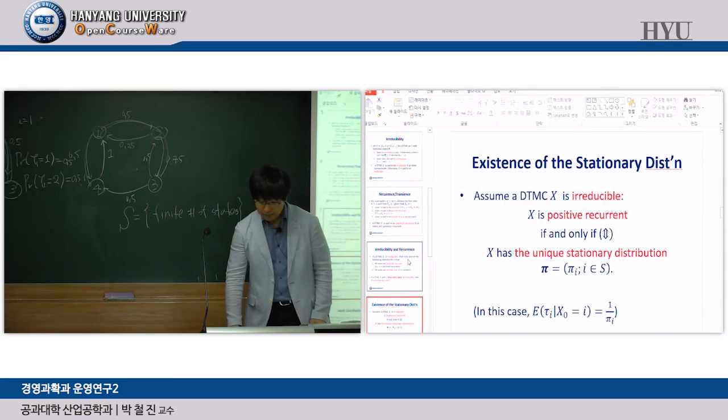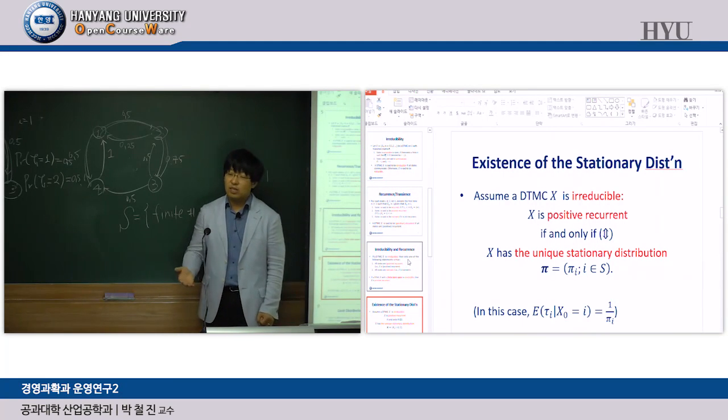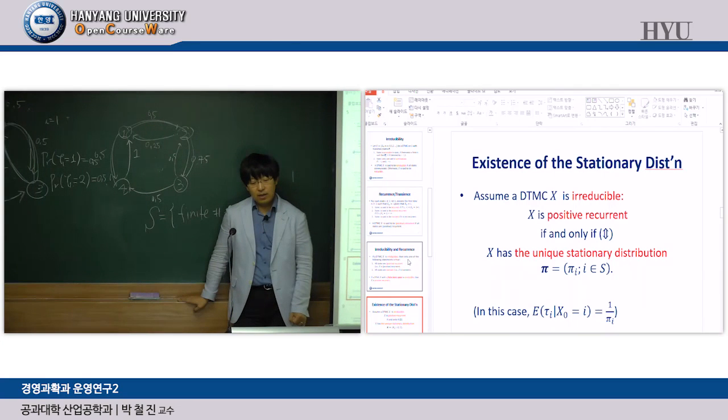And actually, why do we need such subjects? I mean, irreducibility, positive recurrence, or transience. Actually, we would like to determine the existence of a unique stationary distribution.